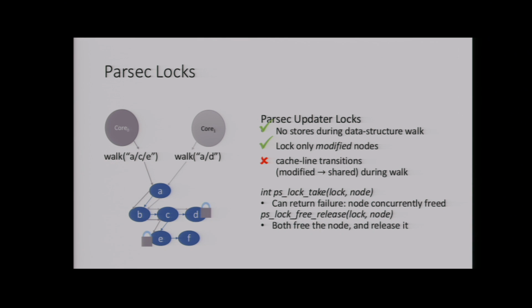One is that when we're taking a lock, we can have a really, really awkward race condition. Because we're all walking through this data structure at the same time, somebody could have walked through the data structure and freed the node, yet we still have the reference to the node, and we're going to lock it. So we could lock a freed node. Not a good idea. So the lock take actually returns a value.